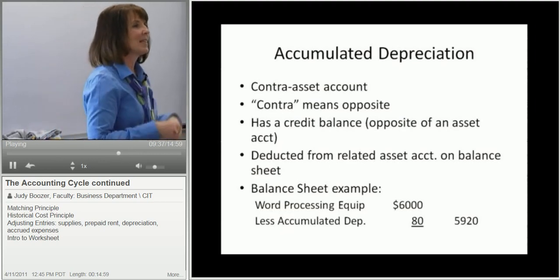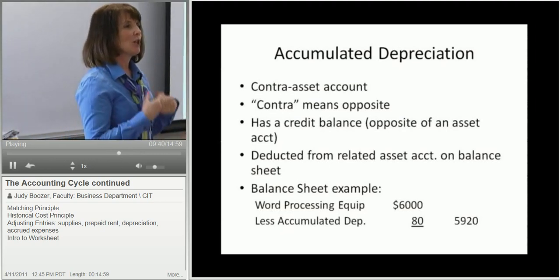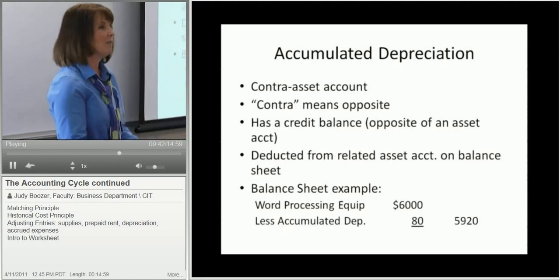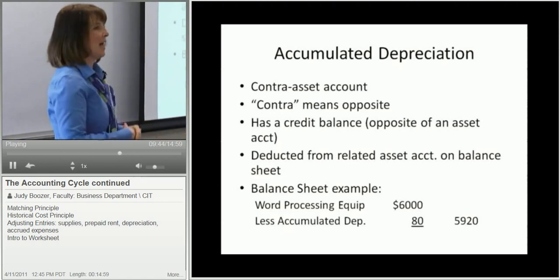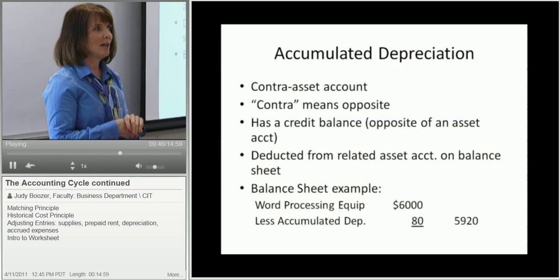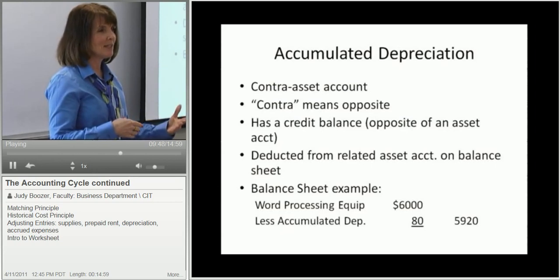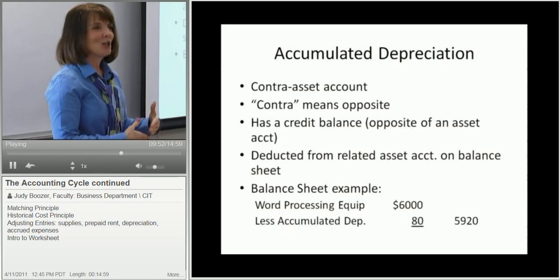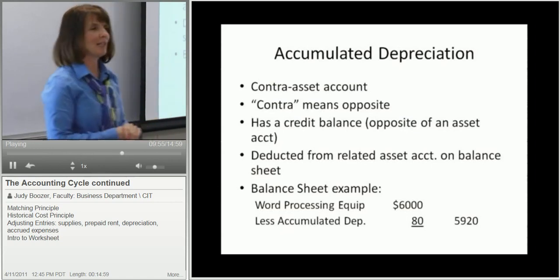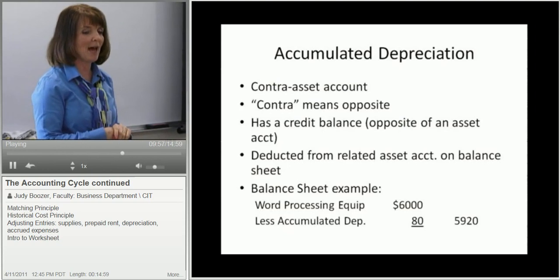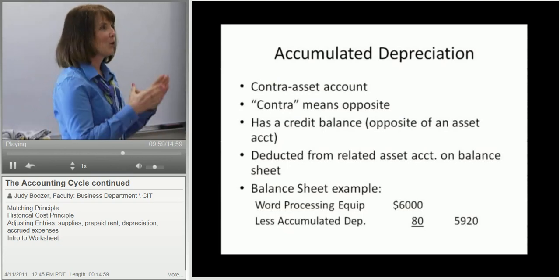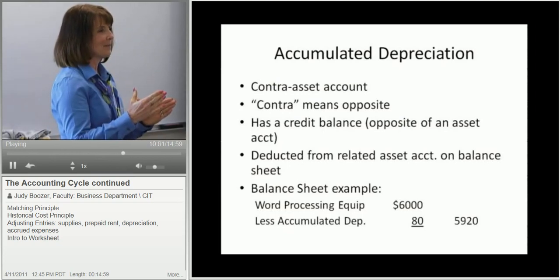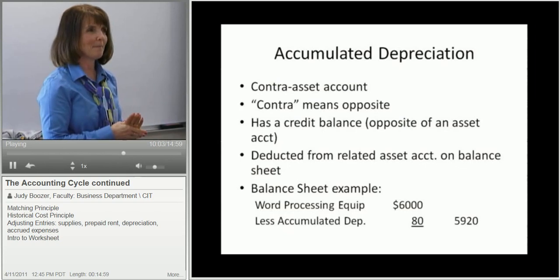Contra means opposite. So it's going to have the opposite balance of the asset. So assets have what type of balances? Debits. So the contra account called accumulated depreciation would have credit balances.